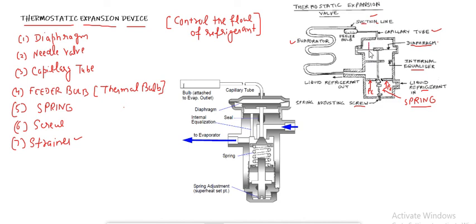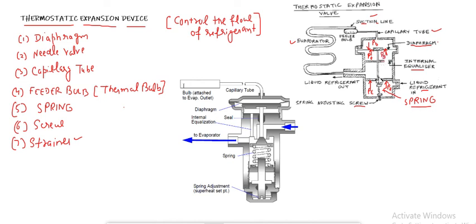So there is a pressure acting on the diaphragm that is called PB, the bulb pressure, and there is pressure acting on the upside of it, in the upward direction. The first pressure is because of the pressure of the evaporator, and the second one is because of the pressure of the spring.